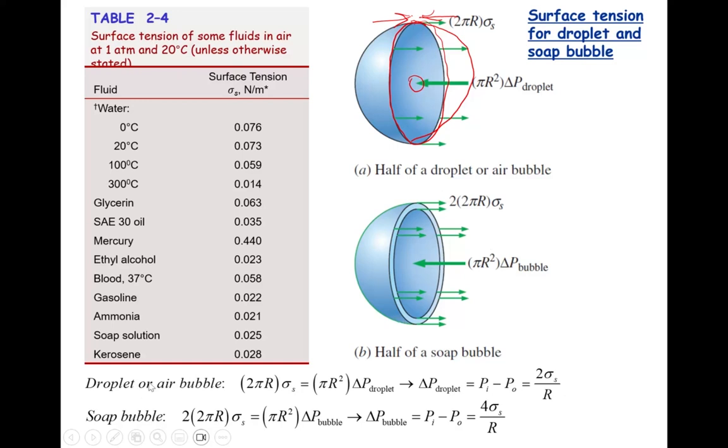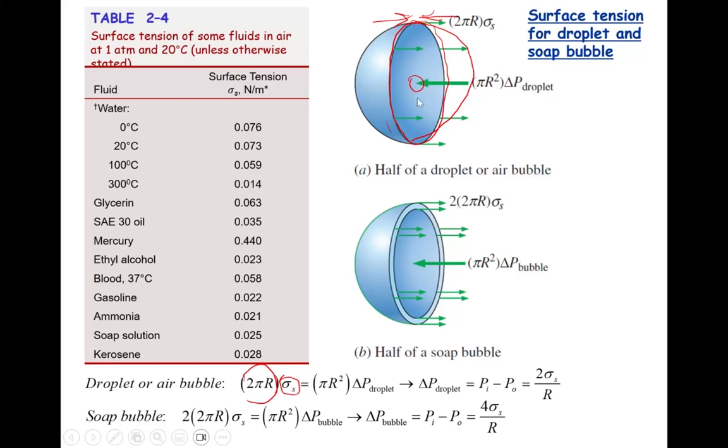Now we will derive the equation for that. For the force, you can see the surface tension, which is a property here, times the distance it is acting. What is the distance? It is around this circle, which is 2 pi r. This is the force due to surface tension. What is the pressure force?